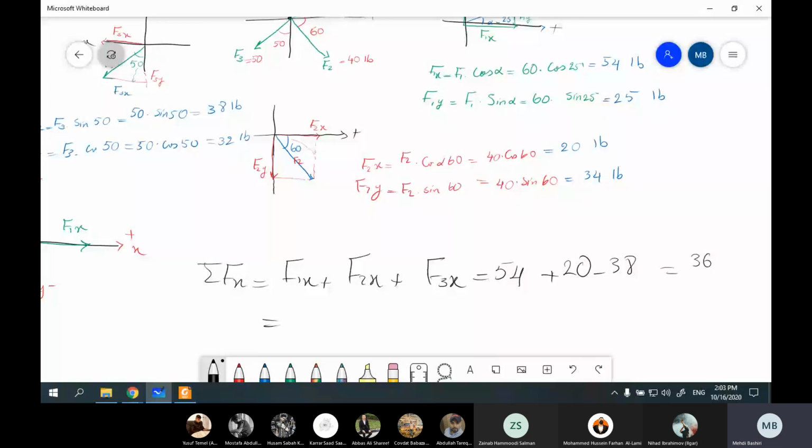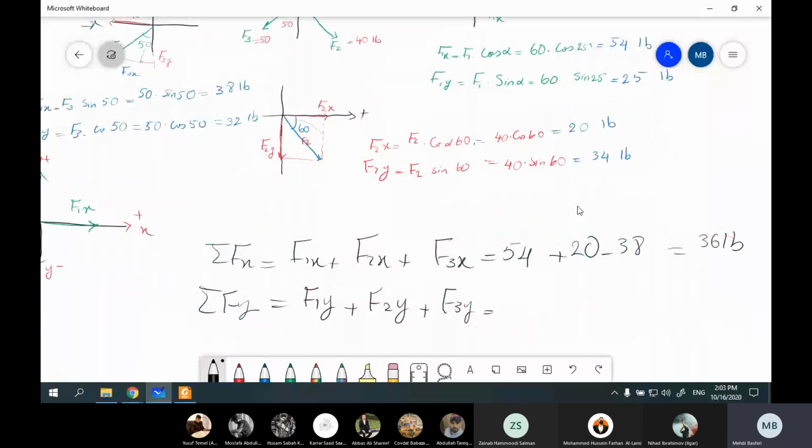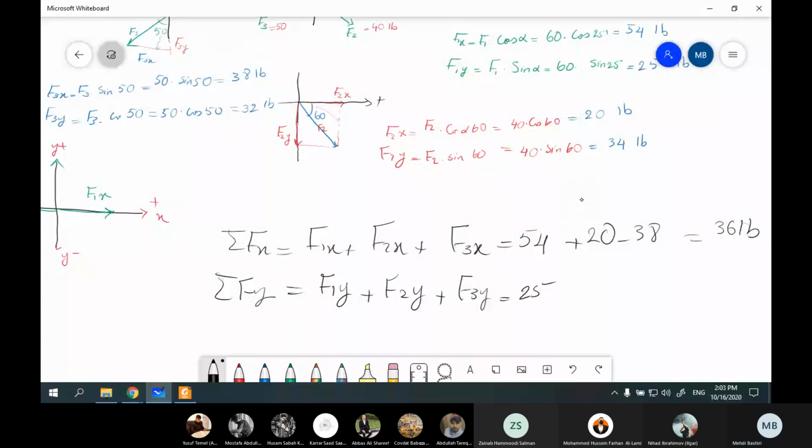Let's do it for the y direction. That would be F1y plus F2y plus F3y. In this case, F1y is positive and its magnitude is 25. So we have positive 25. In this case, you can see that F2y is along the negative direction. So the sign is negative, 34.